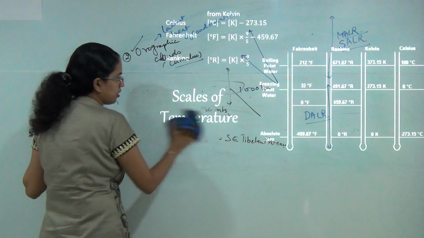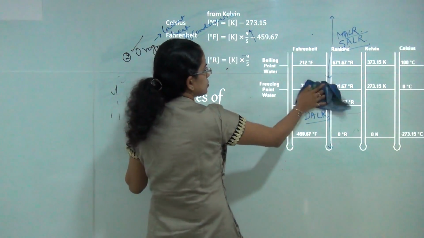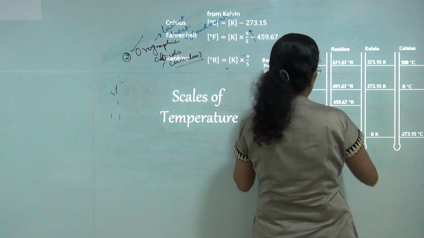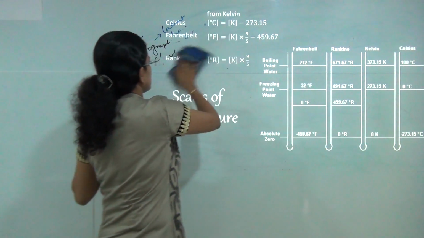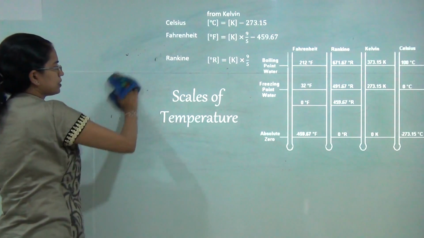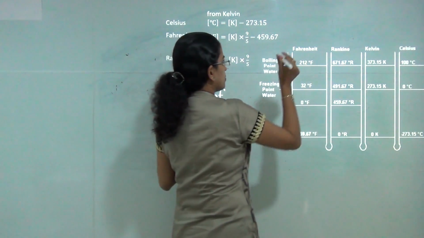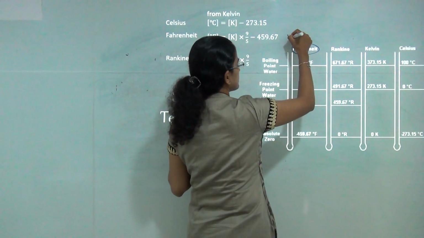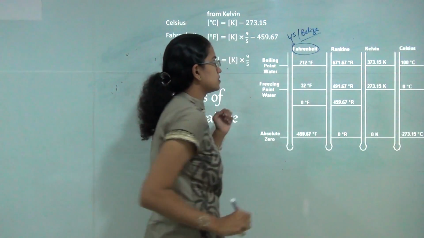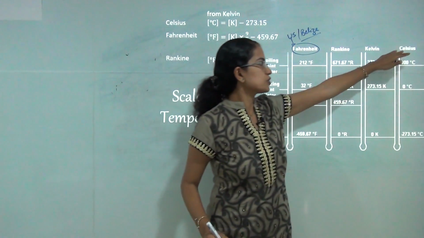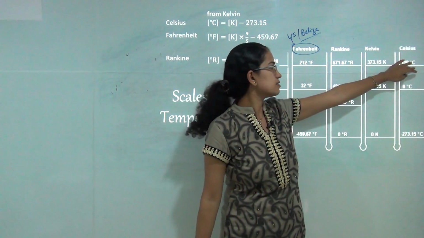However, let's talk about the scales of temperature. We usually talk about the 4 basic scales: Fahrenheit, degree Celsius, Rankine and Kelvin. Here are some of the conversion formulas that you can see. Now Fahrenheit is nearly obsolete in most nations except the US and Belize. Degree Celsius is the most common, where 0 degrees is the freezing point and 100 degrees is the boiling point.